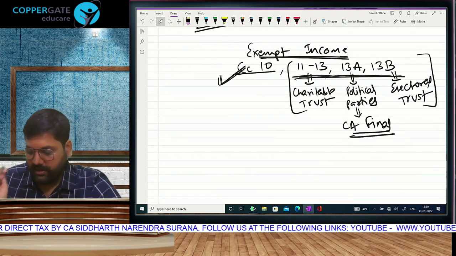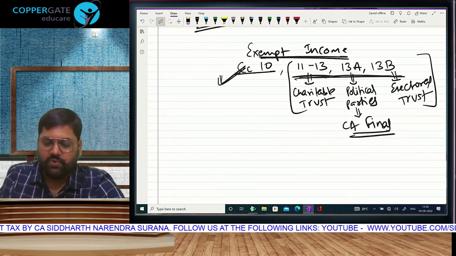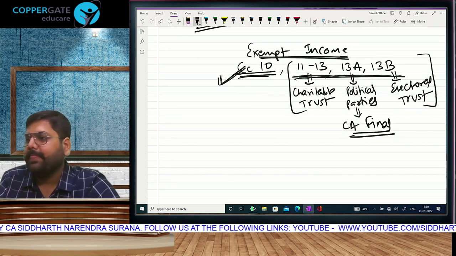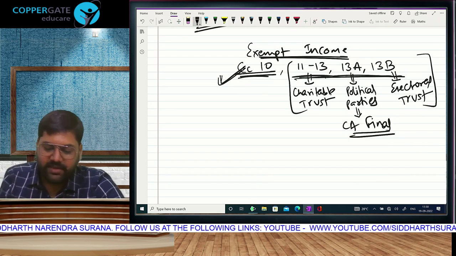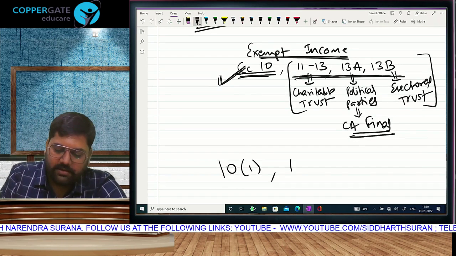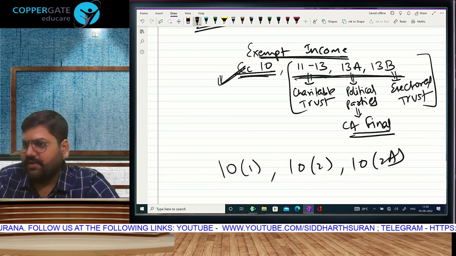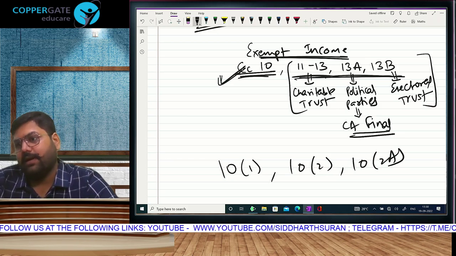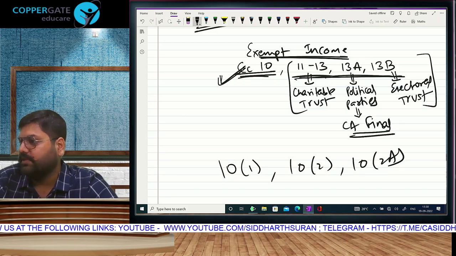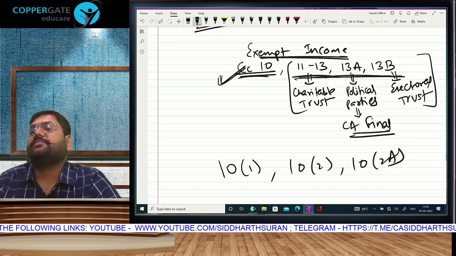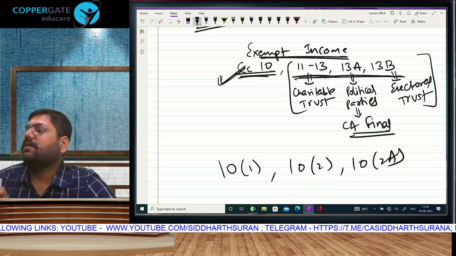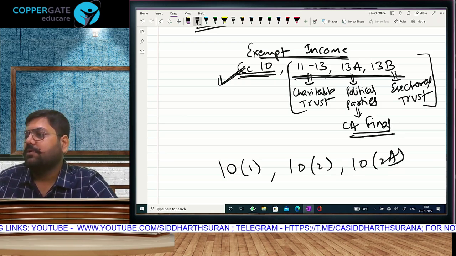So in intermediate, our focus is only going to be to learn section 10. When we do section 10, there are a lot of subsections, where we write in brackets. And I distinctly remember I have told you this. In section 2 and section 10, we will avoid using the term subsection.